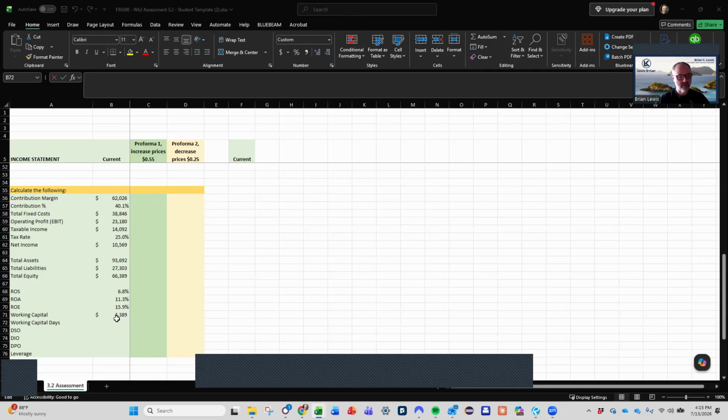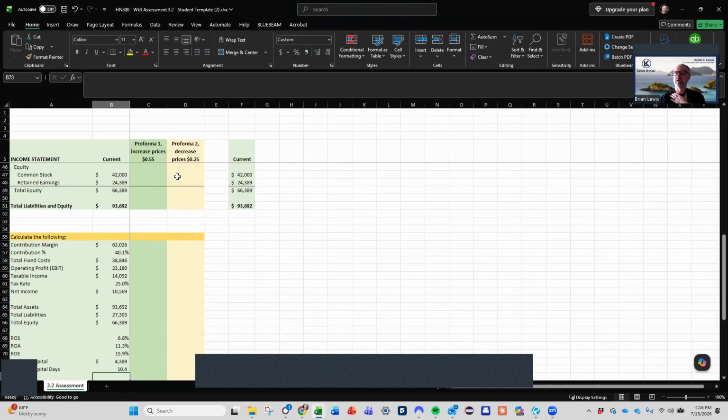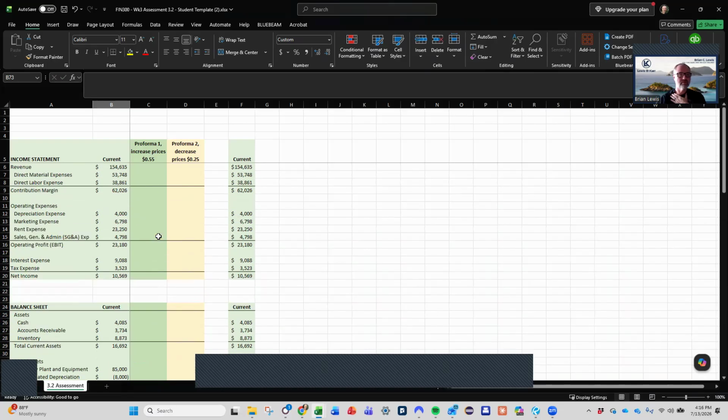So take your working capital and divide it by, and I put parentheses around that so I can work inside, the revenue number divided by 365. That's going to give me 10.4 days.